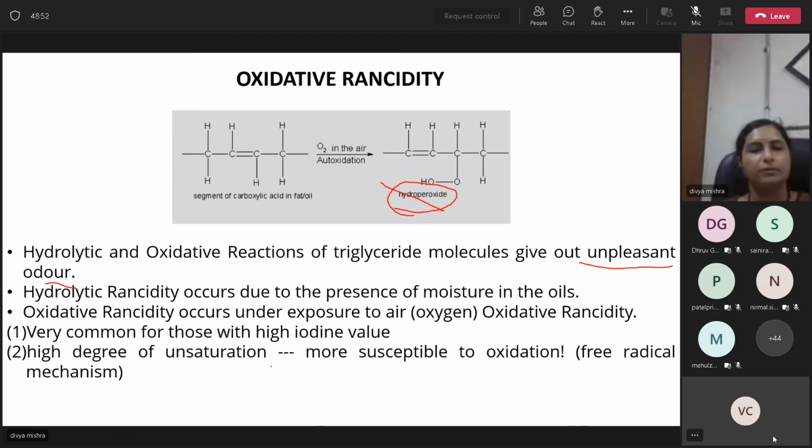The samples which have a high iodine value show a high degree of unsaturation. It means they are more susceptible to auto oxidation due to the free radical mechanism.